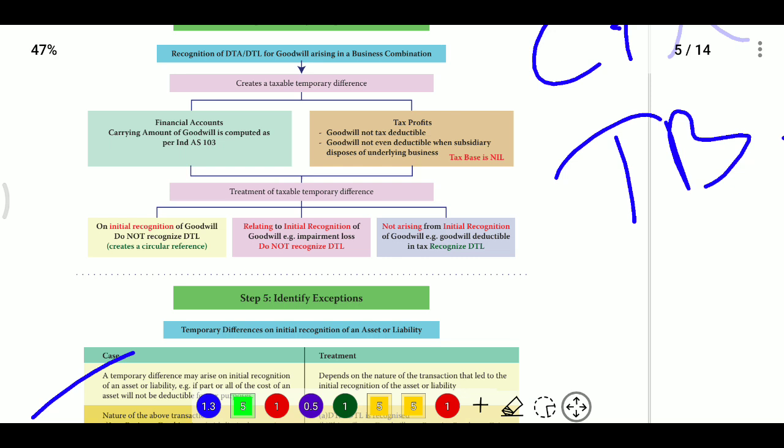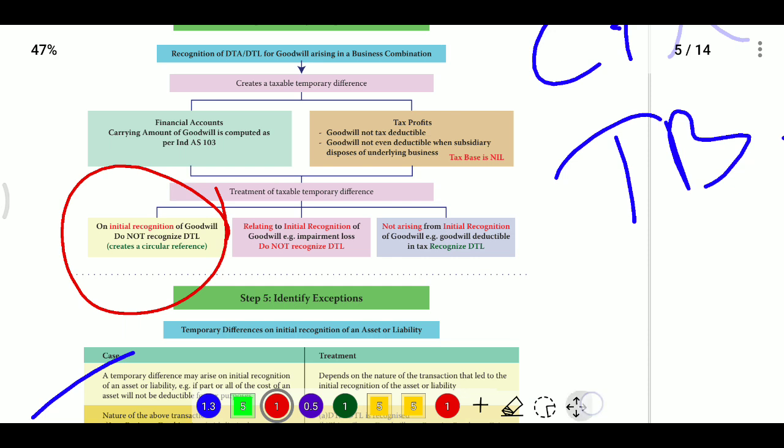In this case, the tax rate for calculating DTL will be based on the acquirer's rate. Initial recognition creates a circular reference, and if the tax base is not specifically given, the existing carrying amount of assets and liabilities in the books of accounts will be considered.